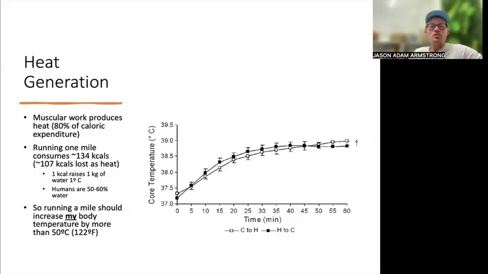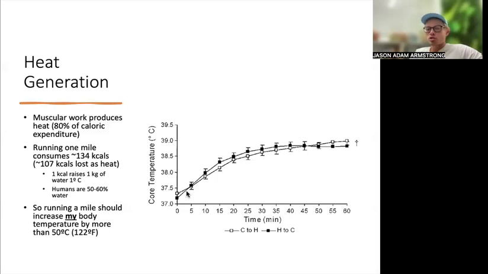Okay, but what actually happens, right? If we look over here on the right, this was 8 elite cyclists and they were doing 60 minutes of work. Okay. And what we saw is their core temperature started at around 37 degrees Celsius. Okay. And it looks like it peaked at around 40 minutes, and its peak was at about 38.7 degrees Celsius.